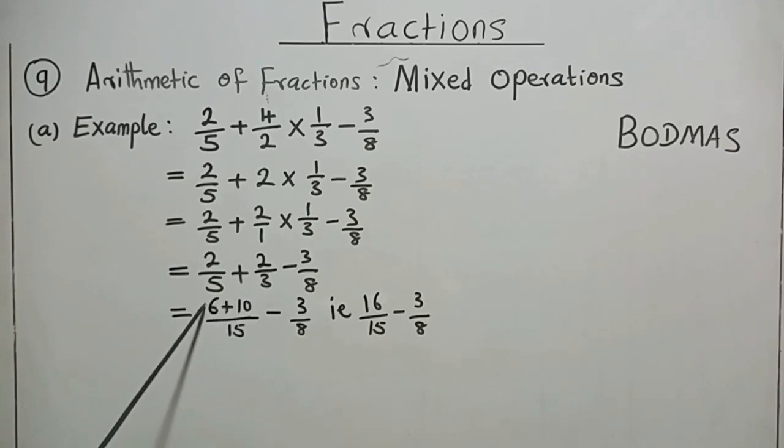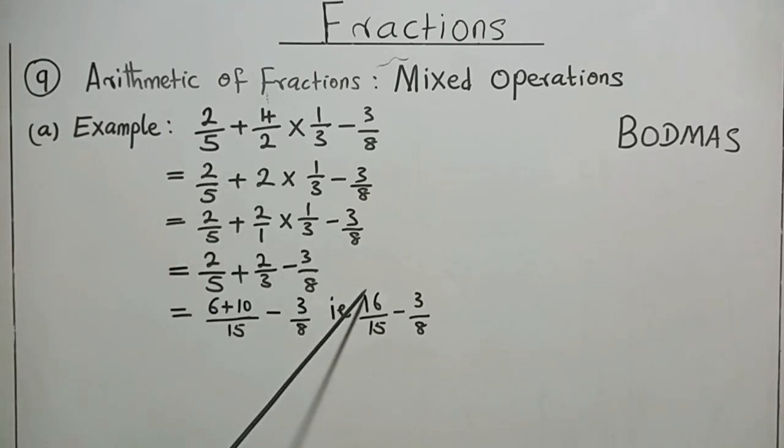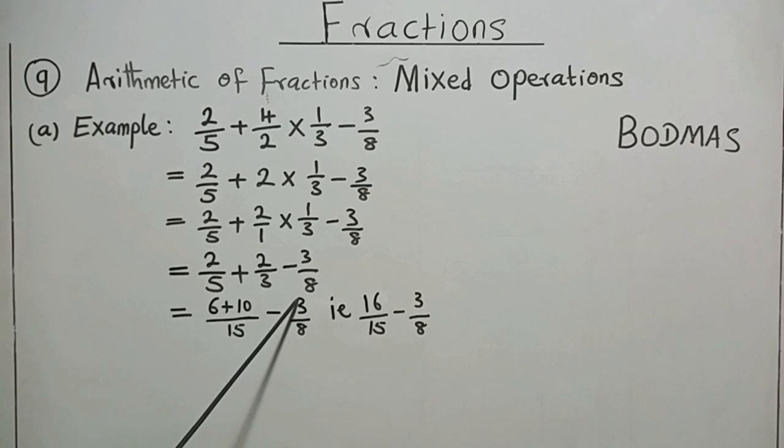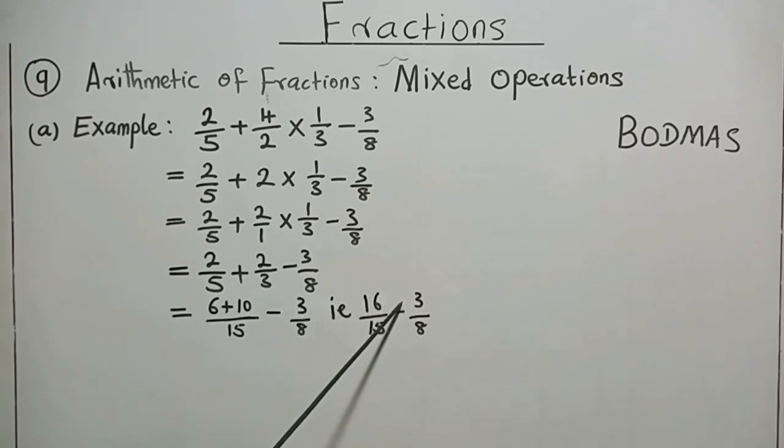So we now have 6 plus 10 over 15. And that takes us to this 16 over 15. Then minus 3 over 8 is still where it is. So the whole thing has led us to 16 over 15 minus 3 over 8.